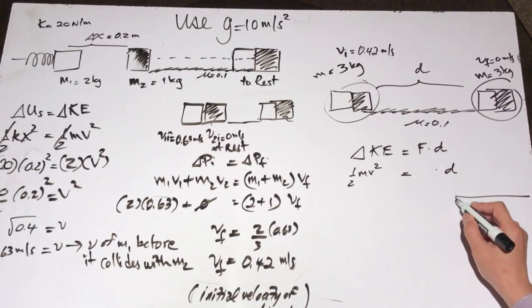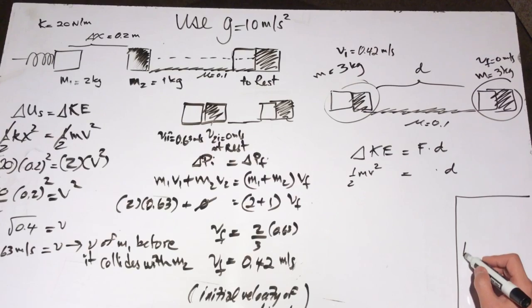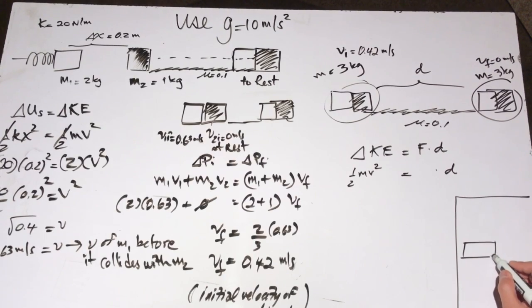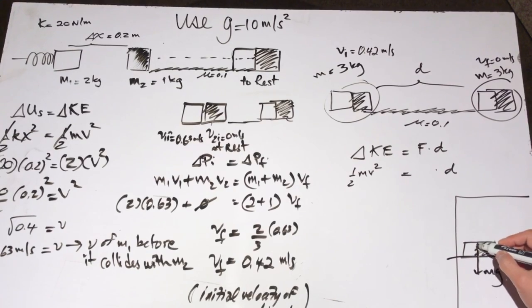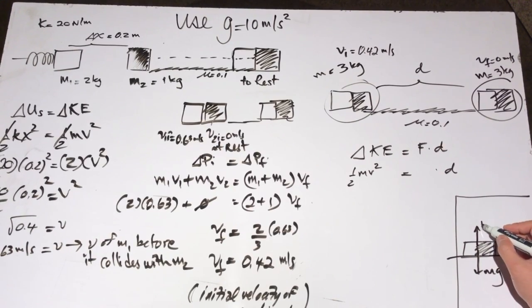Let me show you how we get the force. This is Newton's laws of motion. The object itself is on the floor. You have a weight, which is mg. There's a normal force acting upon the object, pointing in the opposite direction of the weight.